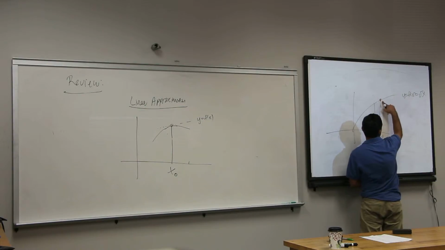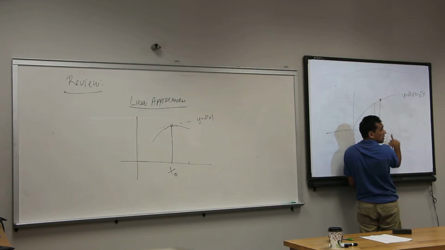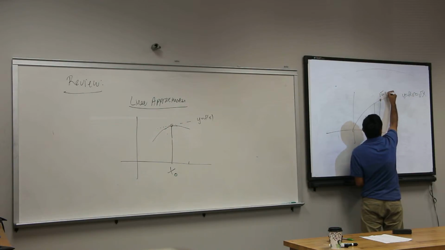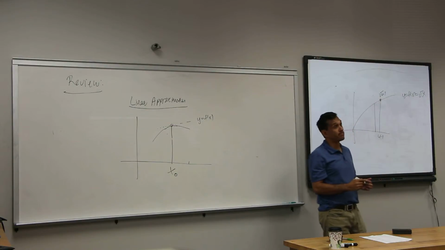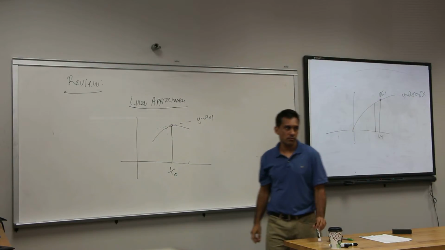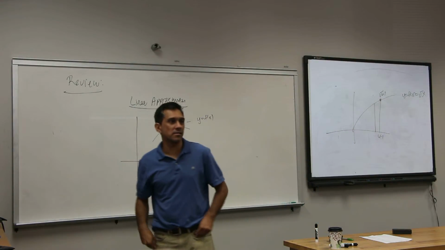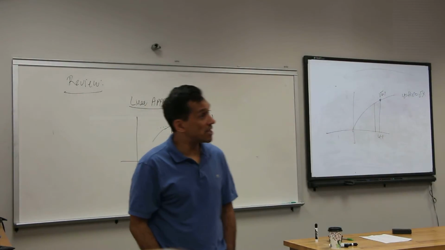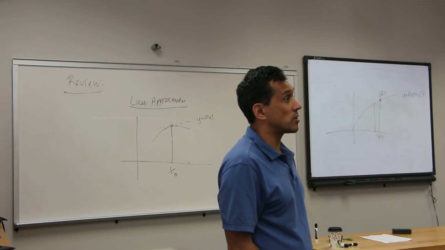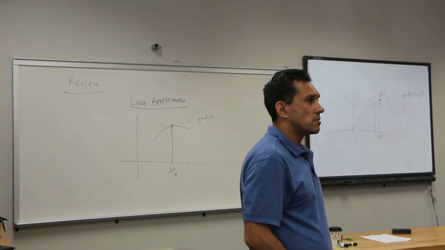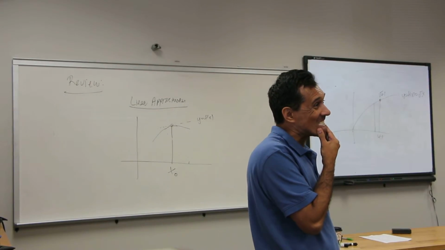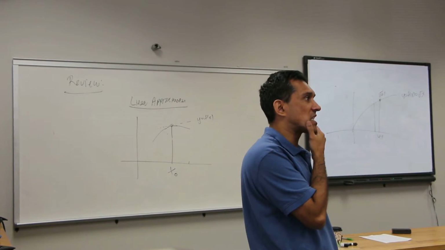What is the y value here? Square root of 4.1. Not nice. Anybody know how to find the square root of 4.1 without a calculator? Yes. How do you estimate the square root of 4.1?